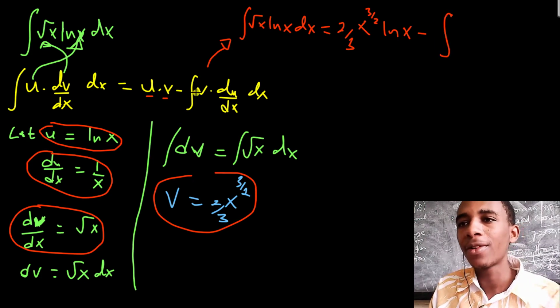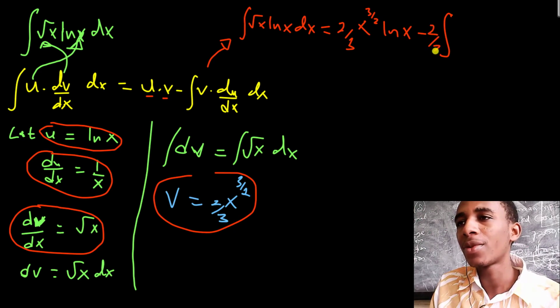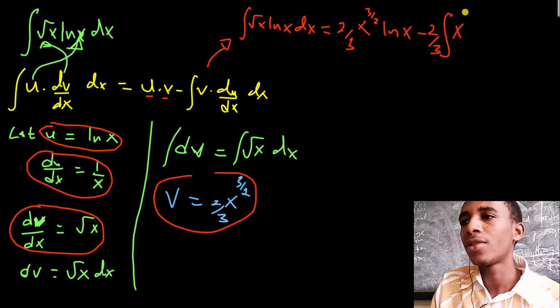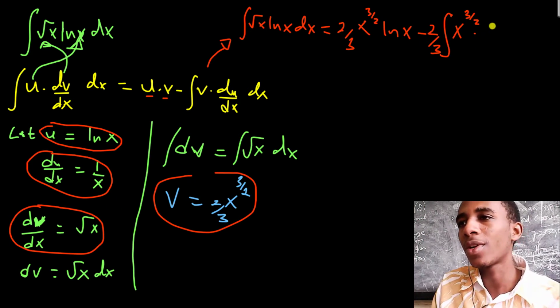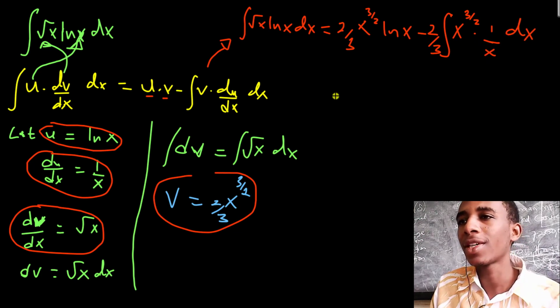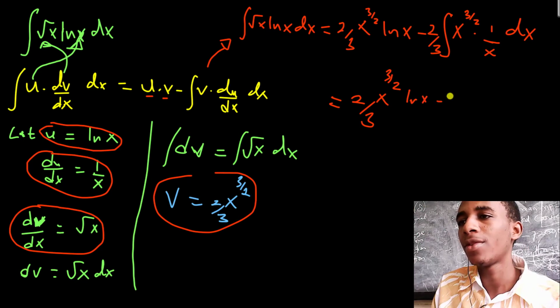the integral of v, which is this, 2/3 x to the power 3 over 2, times du dx, which is 1 over x, all this with respect to x. So we have 2/3 x to the power 3 over 2 times the natural log of x minus 2/3, the integral.